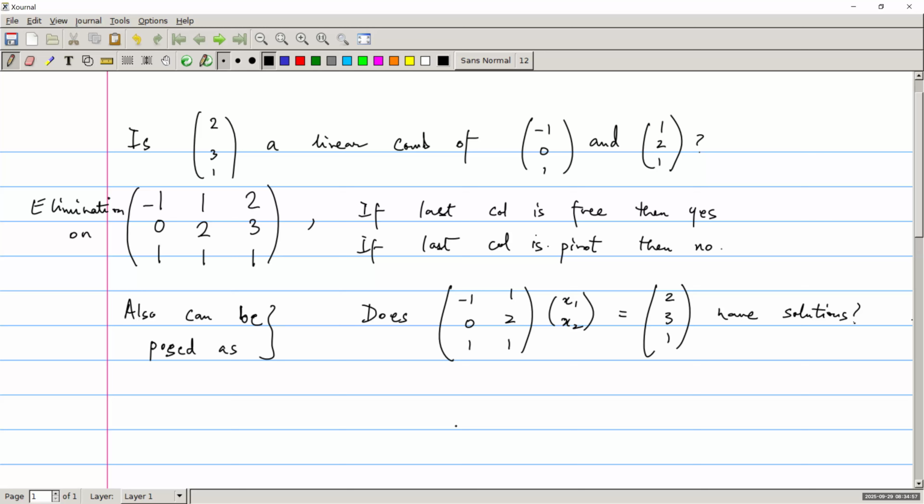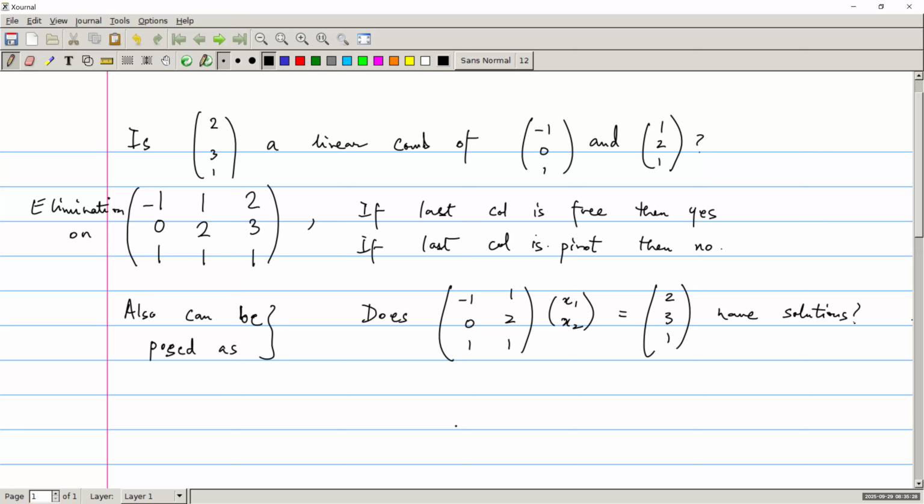You'll check if the last column is free, then the answer is yes or no. But if the answer is yes and you want to find out the exact linear combination, complete the elimination algorithm till you get to the reduced row echelon form and just read out the numbers in the last free column, and the numbers correspond to the coefficients of the prior pivot columns. Okay, so any questions with any of these?